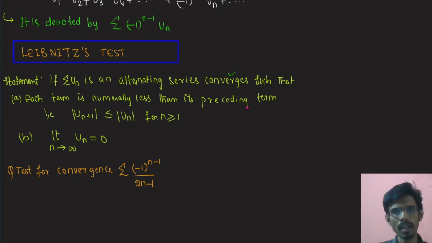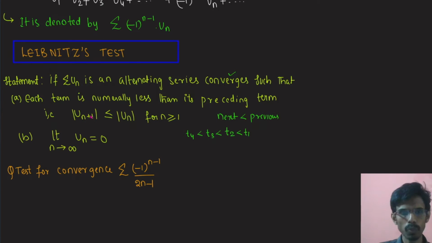It means the next term is less than the previous term: the second term is less than the first term, the third term is less than the second term, the fourth term is less than the third term. This is the meaning of this statement.